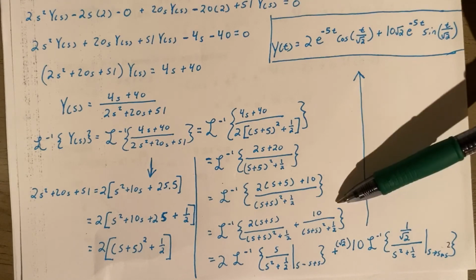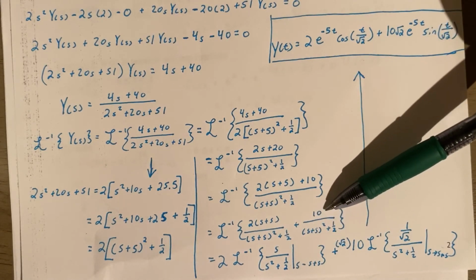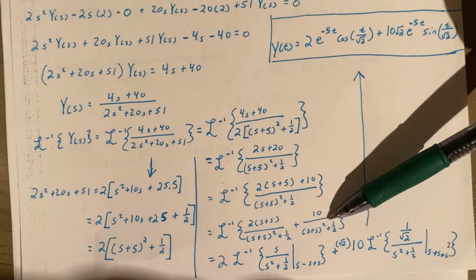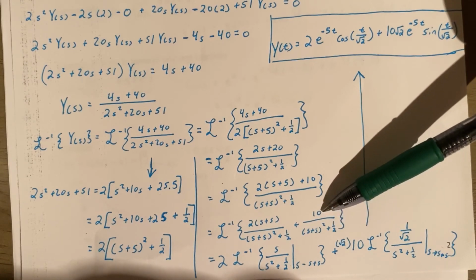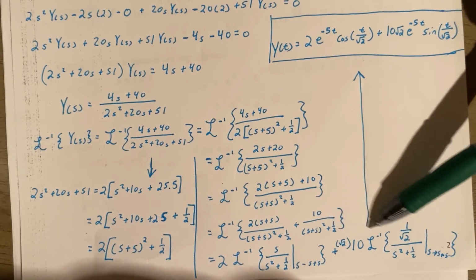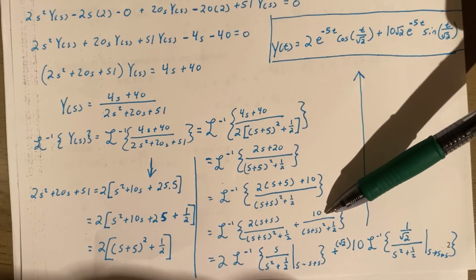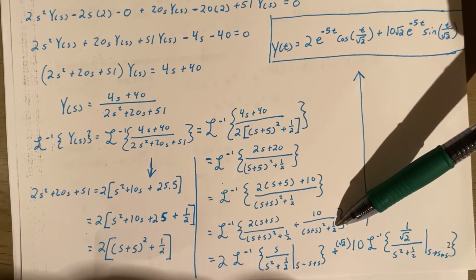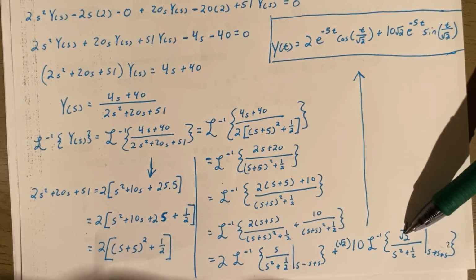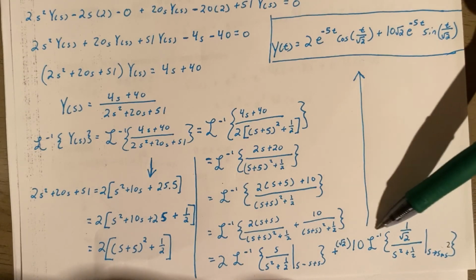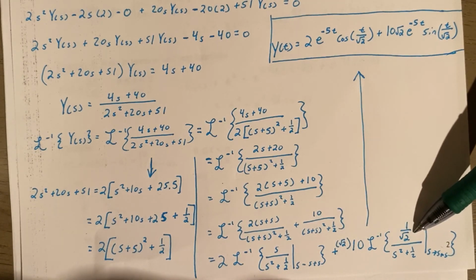Now on the right side, I'm going to pull out this 10 because what I want in the numerator is either an s or my k. In this case, 10 is not the s or the k. The k, remember, is going to be 1 over the square root of 2. So I'm going to pull out the 10. I need to put a 1 over the square root of 2 on the right.